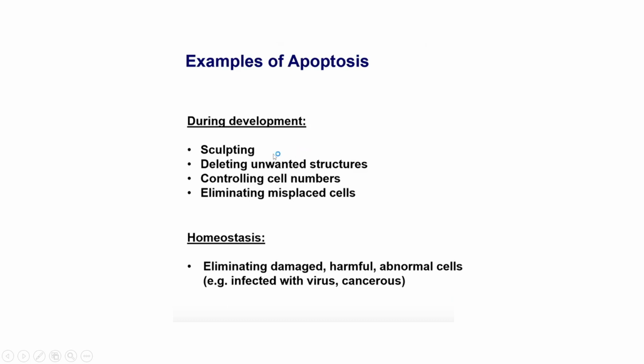At the initial stage of development, there is a tail present in the tadpole, but when it is converted into the frog, which is a mature stage of development, the tail gets removed from the organism. At that stage the apoptosis process is occurring, deleting unwanted structures. So that is the best example for that.